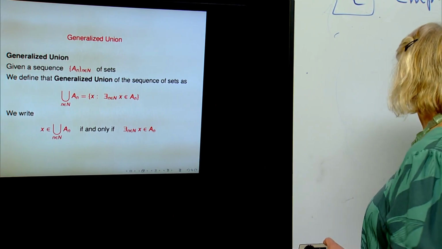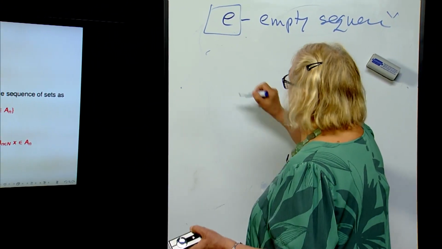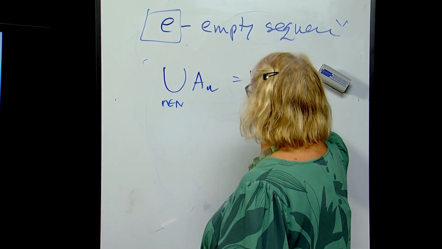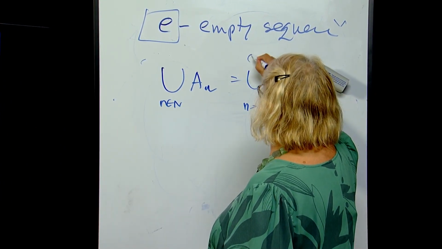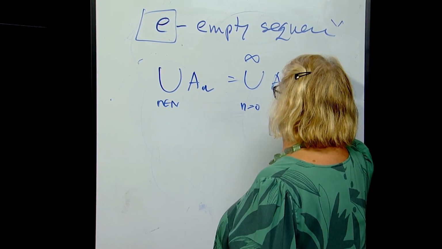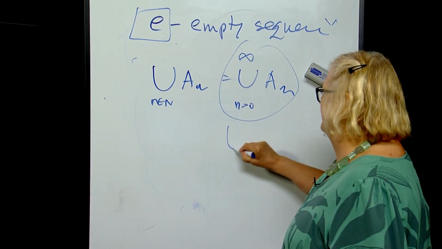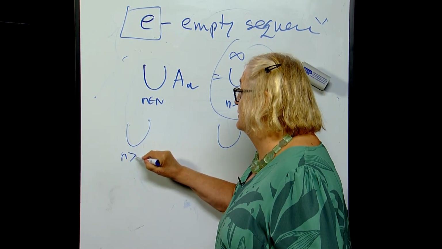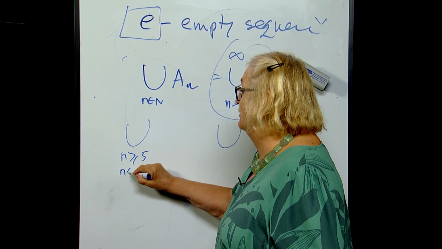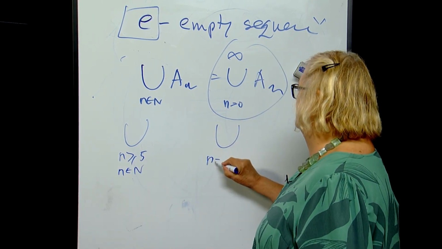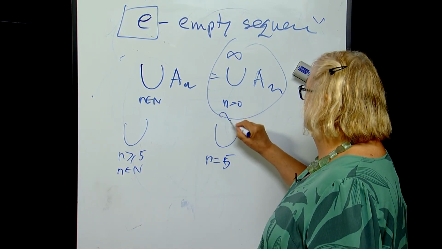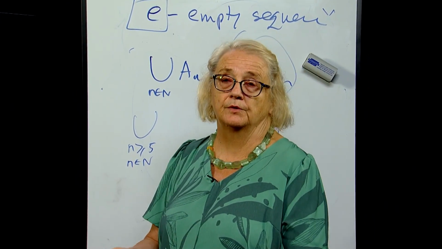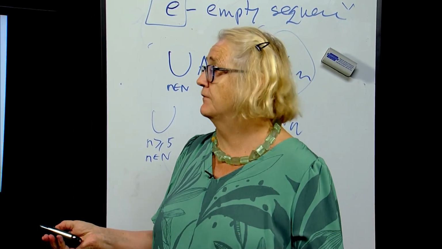Sometimes you write the generalized union as n equals 0 to infinity, or union over n greater or equal 5, n in N, so that would be n equals 5 to infinity of A_n. So you have a generalized union of sequences of sets.